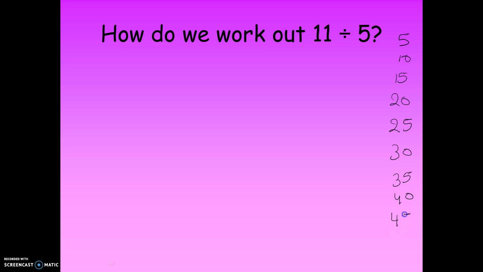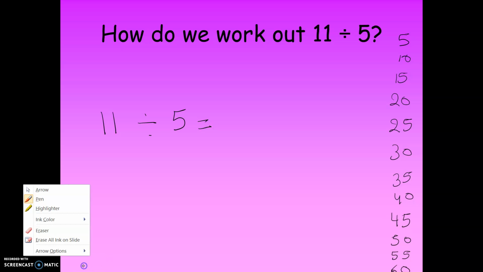I know up to 12 skip counts in the timetable of 5. This is my question: 11 candies distributed equally to 5 of my friends.